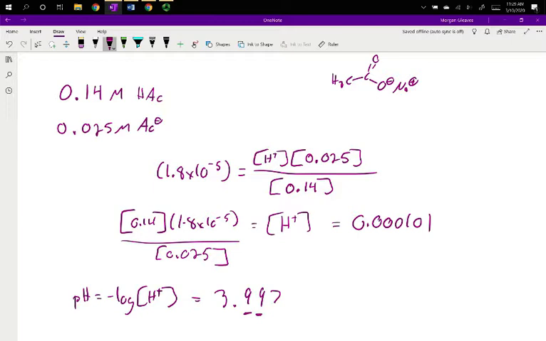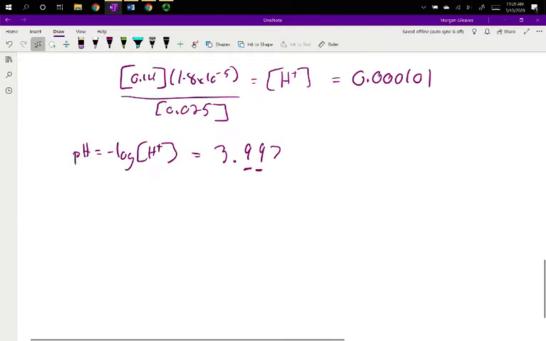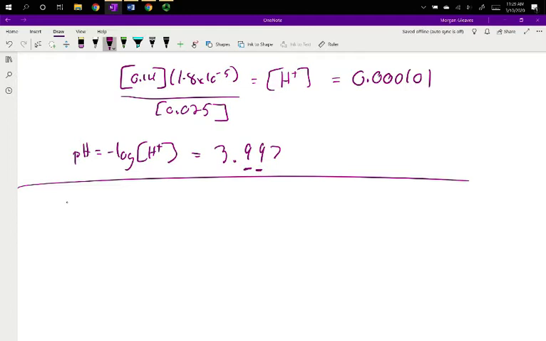Let's use those same values, 0.14 acid, except this time we're going to use a different weak acid. So we're going to use 0.14 molar NH4+ and 0.025 molar NH3.